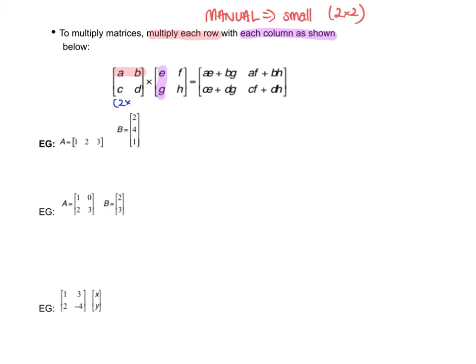It is a 2 by 2 and this one's also 2 by 2. So you're going to say yes, it's defined, and my answer is going to be a 2 by 2, isn't it? So I'm just going to draw it out a little bit bigger over here, because this is probably how I would do it. So I work out what my answer is, and it's going to be a 2 by 2.